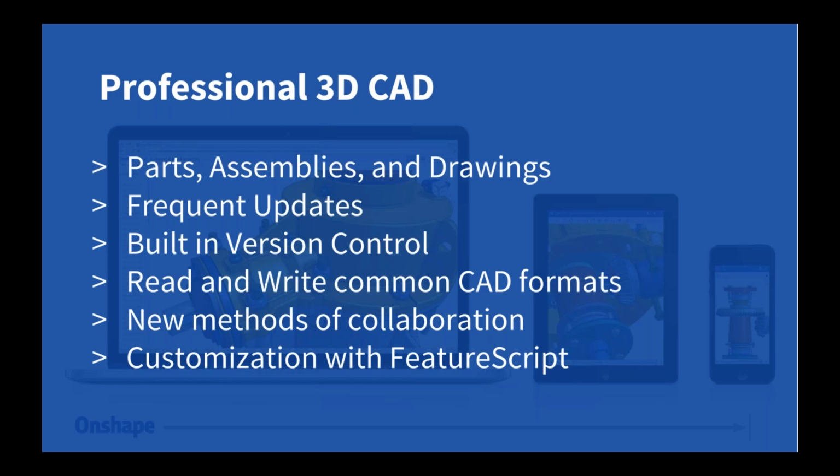Either import or export. It means that Onshape works really well alongside other applications or in certain roles where maybe you don't want to buy a very expensive CAD license just to view the model or make simple changes. So read and write common CAD formats means Onshape works well with other CAD files and also with other CAD applications.